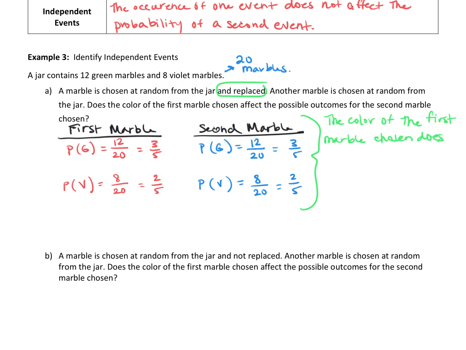So the color of the first marble chosen does not affect the possible outcomes for the second marble chosen.